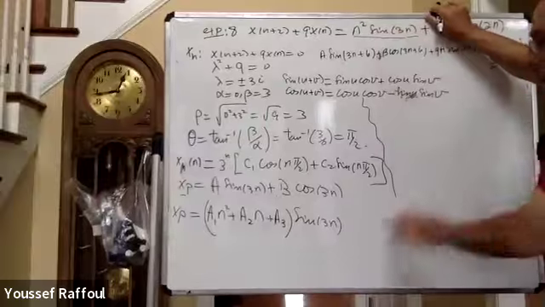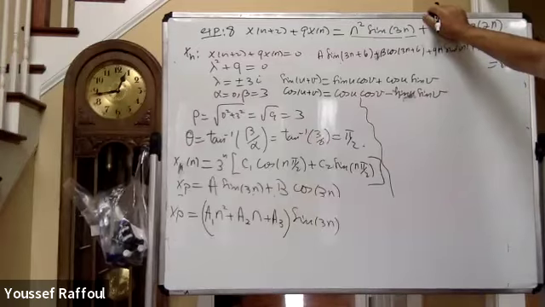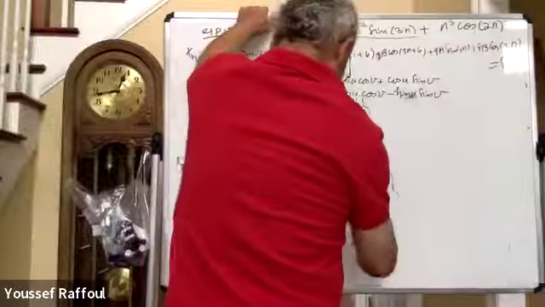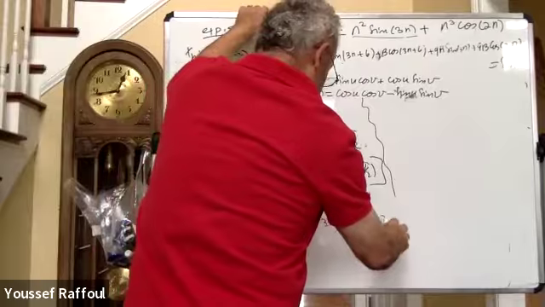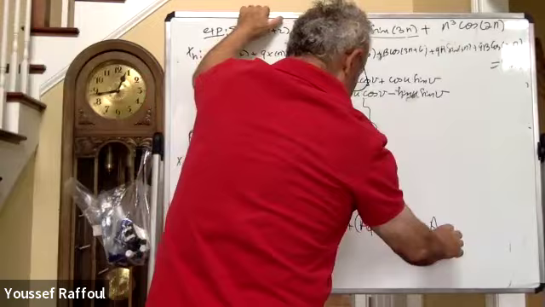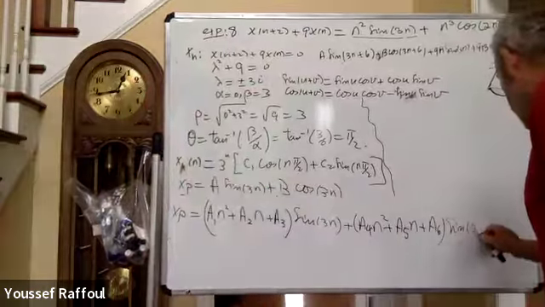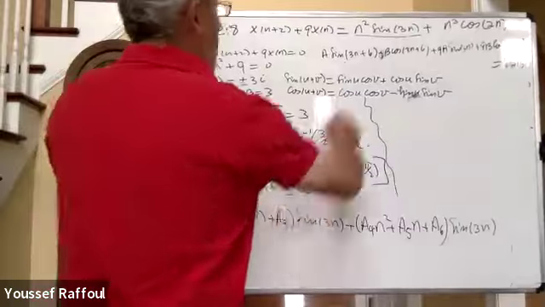Am I done with this term? What do you think? No. What do I still need? I need the cosine part, right? Plus a4 n squared plus a5 n plus a6 times cosine 3n. Now I'm only done with this.